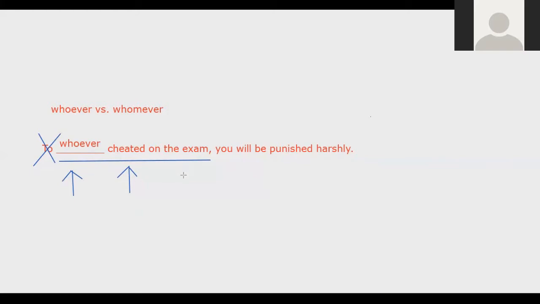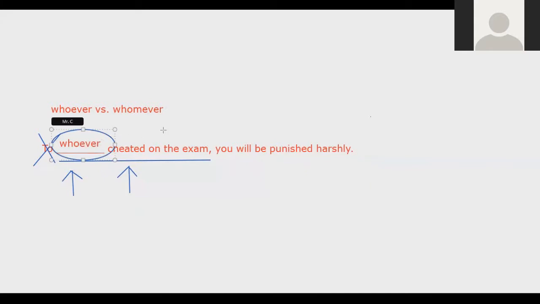And since you have a clause here, you need to have a subject. You can't use whomever because that's not a subject, that's an object. And remember, a clause requires a subject and a verb. So in this case, you need to put in the subject pronoun, whoever.